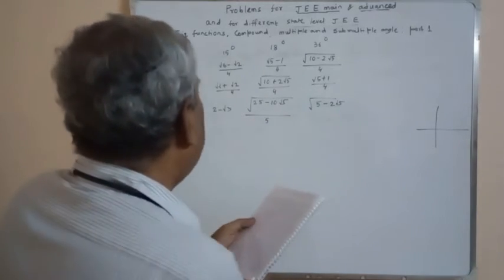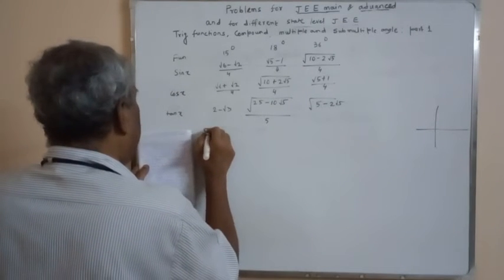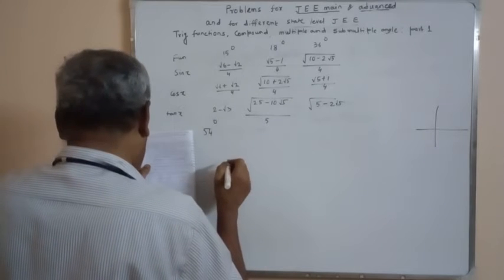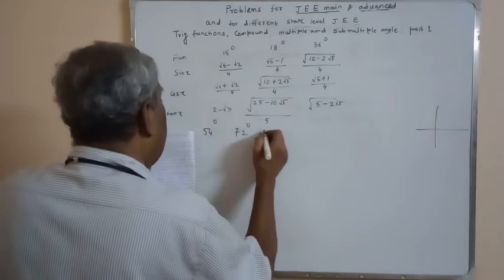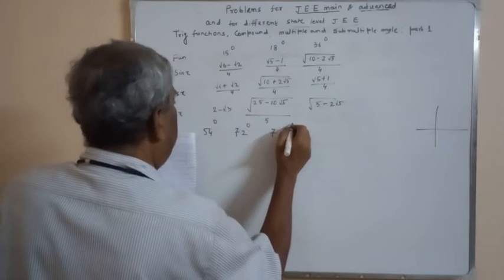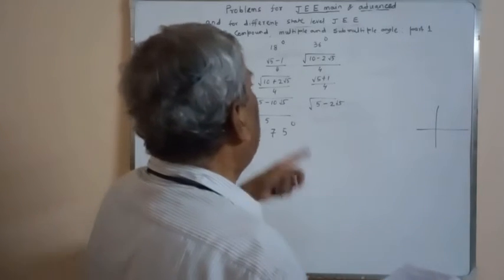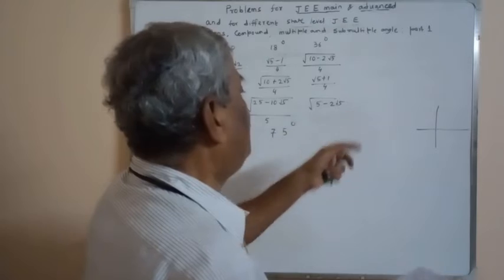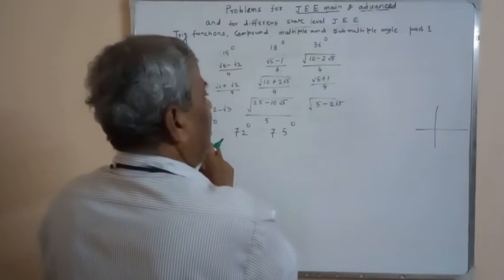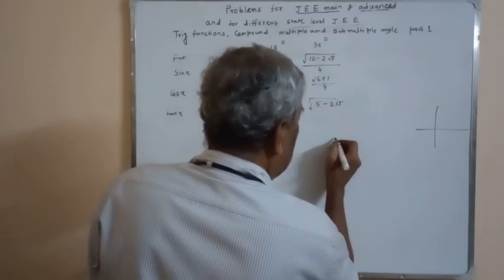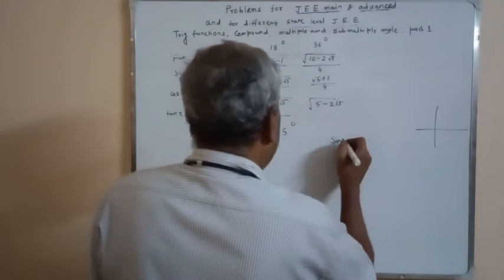One more thing, functional values of 54 degree, 72 degree, and 75 degree can be obtained very easily with the help of that table. Suppose we want to calculate 54 degree.